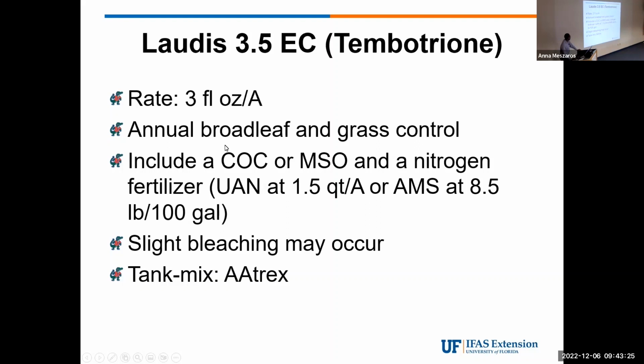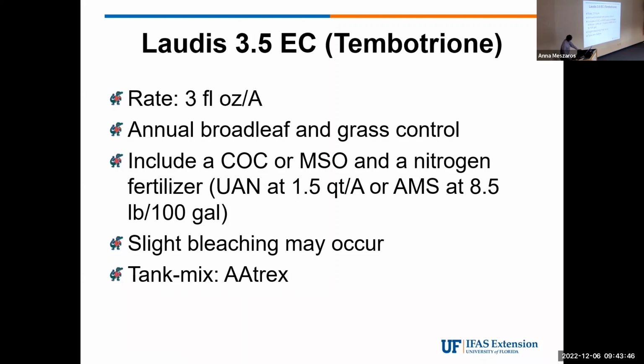It's supposed to be for broadleaf weed and grass control, but I would say like Callisto, it's not as good in grass control as Amazon. But you can also tank mix it with atrazine or, let's say, Bazagran to give you enhanced activity.